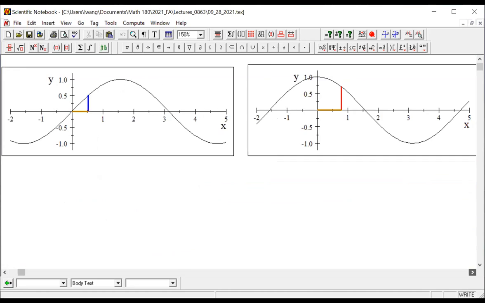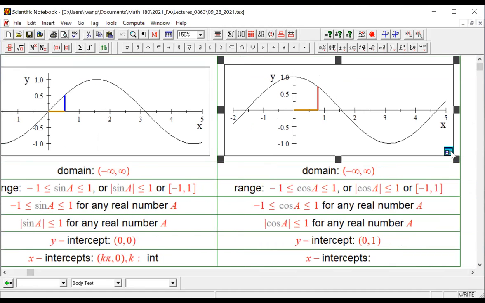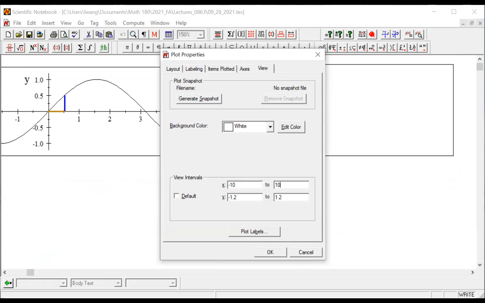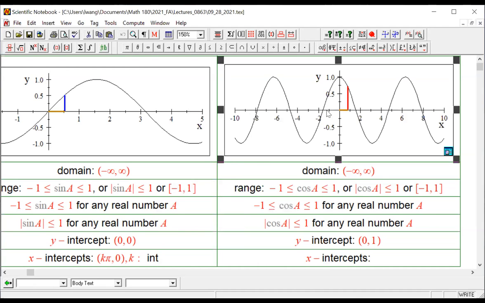If I want to show you more pieces of the cosine curve, I can totally give you more. Then you start to realize there are as many points as possible. So where are the x-intercepts? Here, there, there, there. Do we have more on both sides? Absolutely, we have many more.